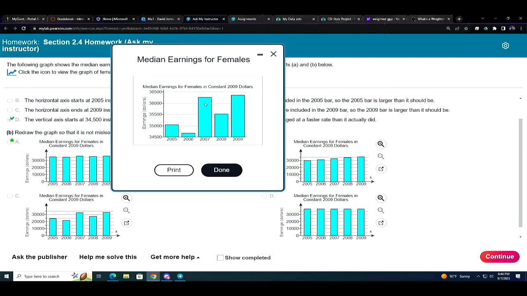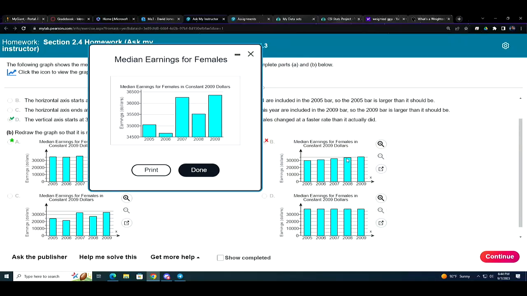And then the third one should be almost as high, where the fourth one is much lower. So it's a little hard to tell, but C looks like it meets that criteria. A, maybe it looks like it's a little bit lower. But B here, no. The fourth bar is higher than the third bar, and it's not on the big graph. So B's out, D's out.